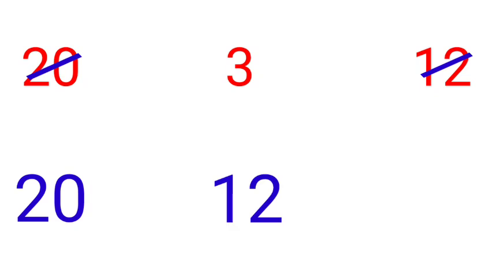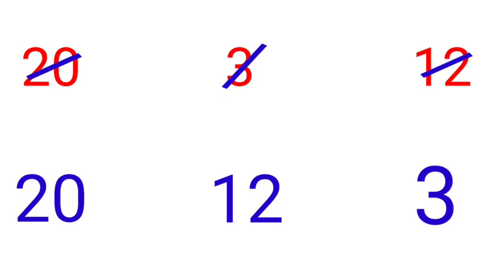The last number we are left is 3. So, strike out 3 and write after 12. So, when we arrange the given numbers in decreasing order, we write it as 20, 12 and 3.